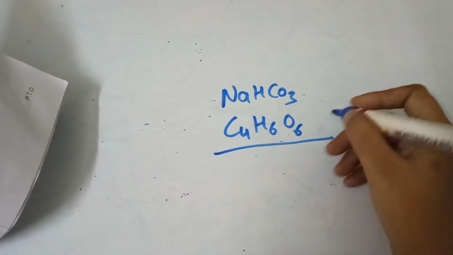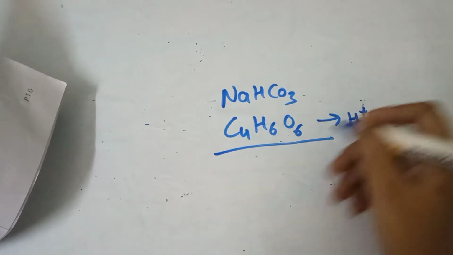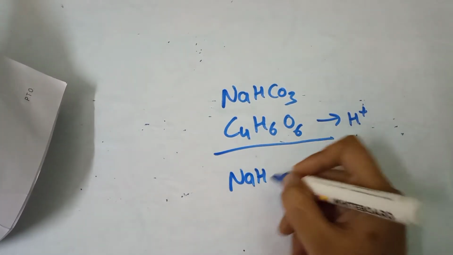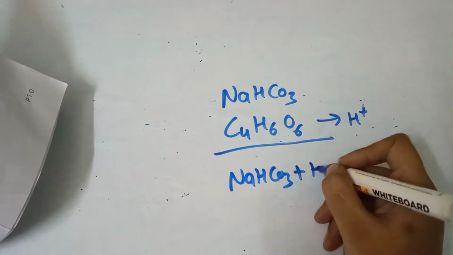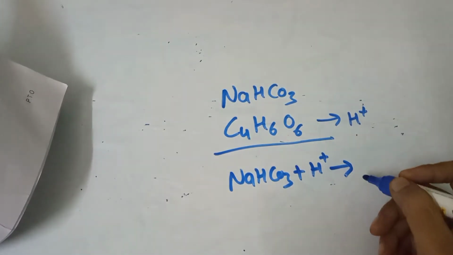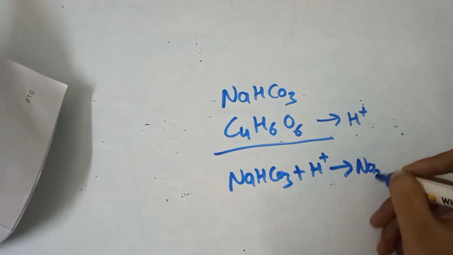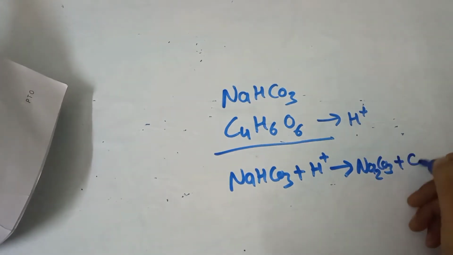This tartaric acid basically gives H+ ion. So NaHCO3 plus H+ gives Na+ plus H2O plus CO2.